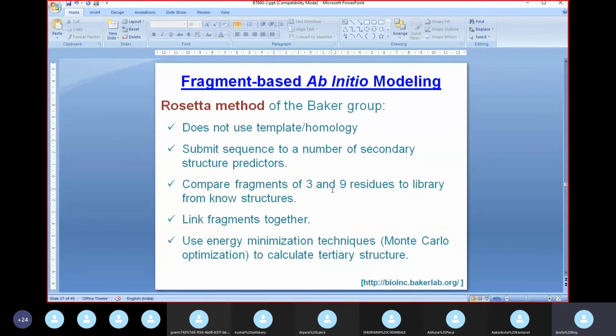So what you do is you go back to those secondary structure prediction tools that we have seen. You predict the secondary structure of different fragments of a protein sequence. Once you have done that, you link these fragments together, and you try to link them in such a way that you get a structure which is thermodynamically stable.